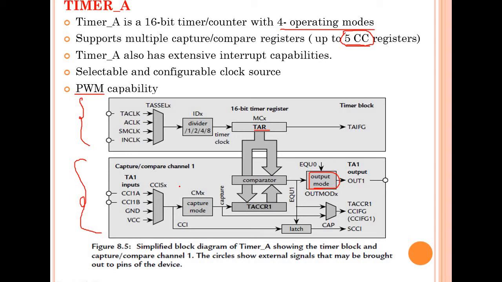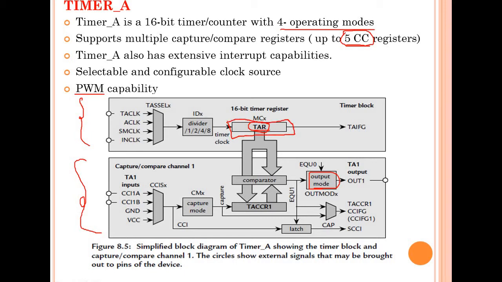The timer block includes TAR, the Timer A register. The Timer A register is the one which holds the incrementing value of the counter present in the timer. Actually, one 16-bit counter is present in the timer here.